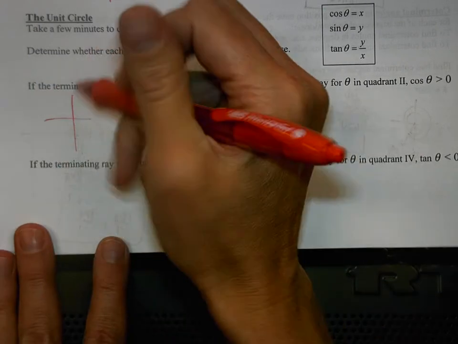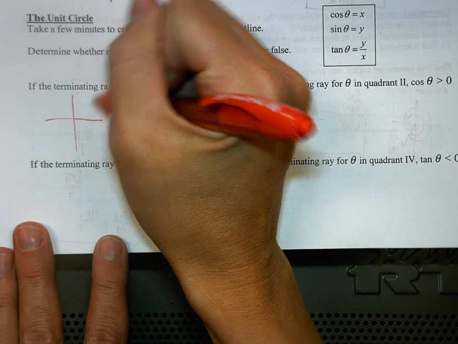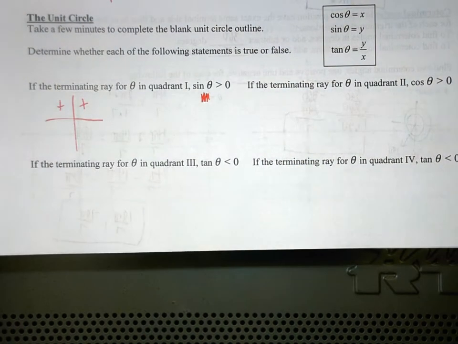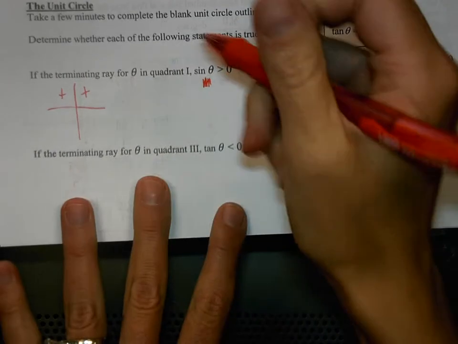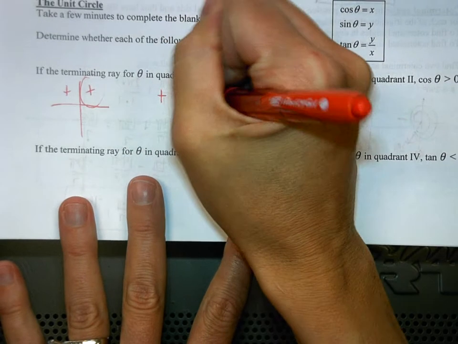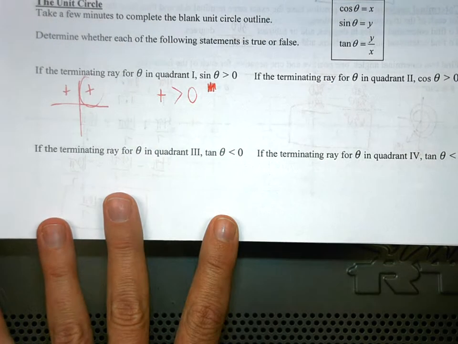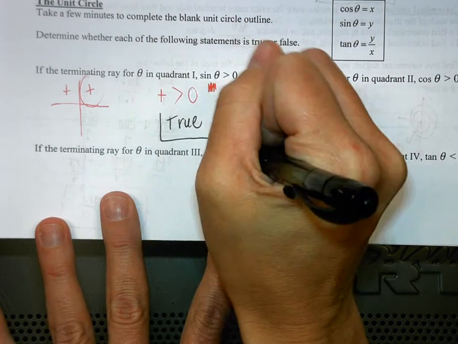So in this quadrant, y is positive. Sine is positive, y is positive above the x-axis because y's are positive going up. And so in quadrant 1, sine is positive. Is a positive greater than 0? So this one is true. We're just doing true or false. True.